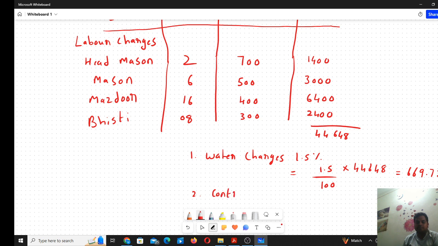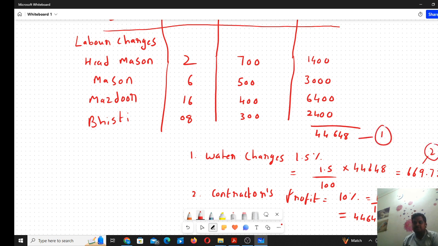And to this, the contractor's profit also needs to be considered. So I am considering it as 10%. So this will be equal to 10 by 100 into 44,648, right. So this comes out to be 4464.8. Now I am adding this as 1, this as 2 and this as 3.